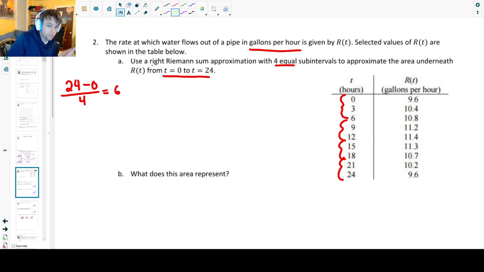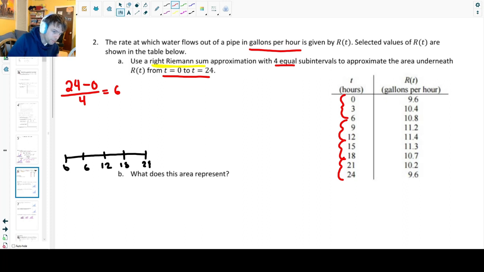We are using a right-hand Riemann sum approximation. So we're using the right side of that interval to calculate this out. We don't really need to do a picture on that, but just keeping in mind, right? We have 0, 6, 12, 18, 24. The heights of our intervals are going to be based on the right side value.